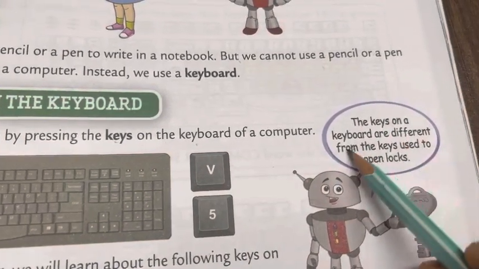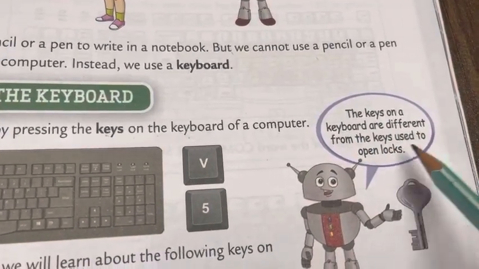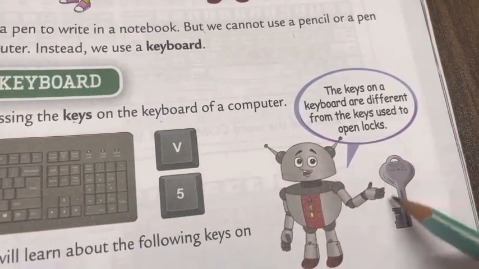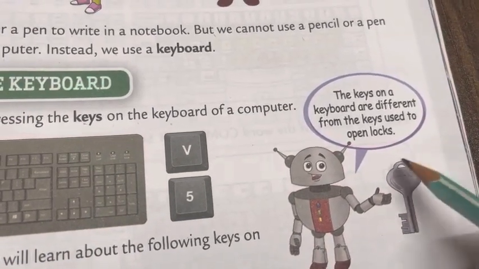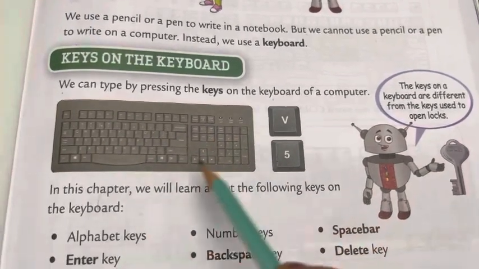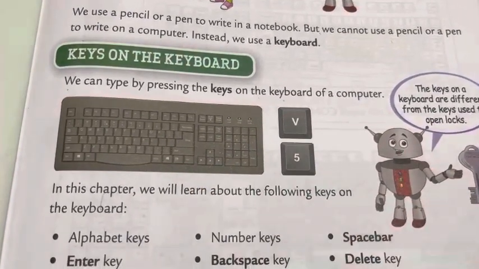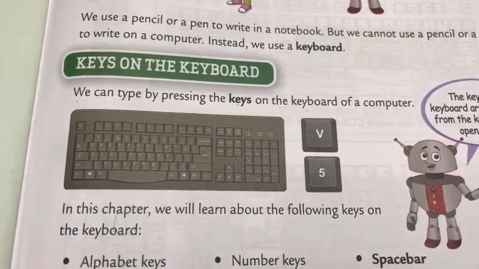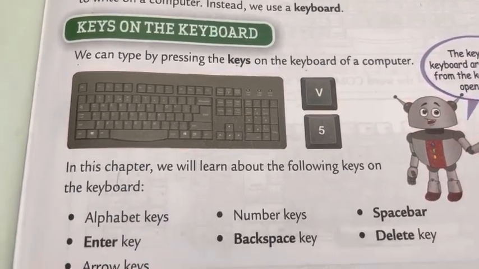The keys on a keyboard are different from the keys used to open locks. This is the key we use to open a lock, and these are the keys on the keyboard which, when we press them, we can type on the computer, right?